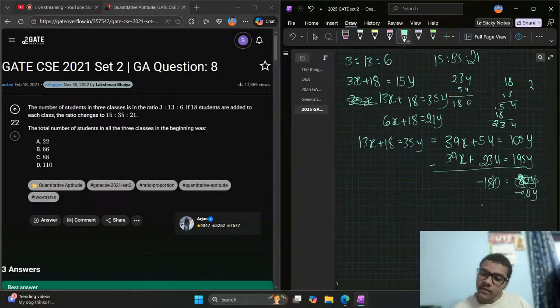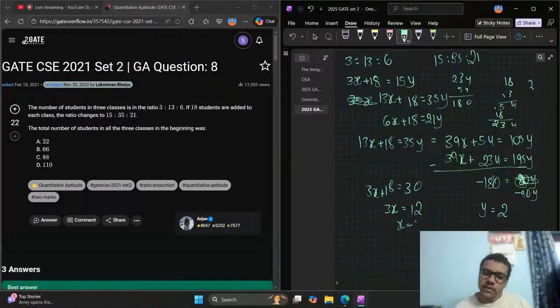Yeah, that's it. So y is equal to 2. And 3x plus 18 is equal to, substituting over here, 30. So 3x will be 12, x will be 4.